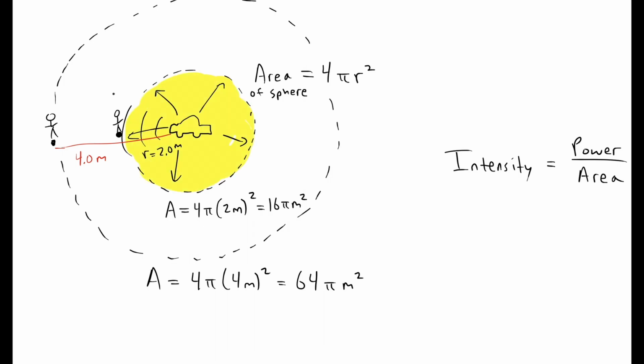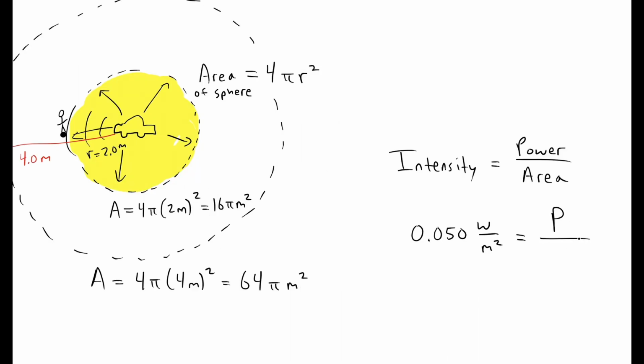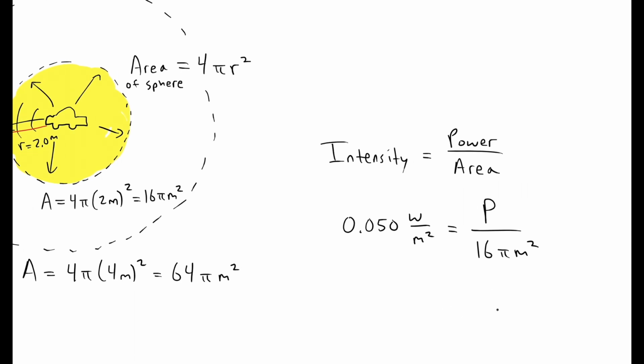So the intensity that we heard at the edge of the small sphere was 0.050 watts per meter squared. We could find the power P if we plug in the area of that sphere being 16 pi square meters.